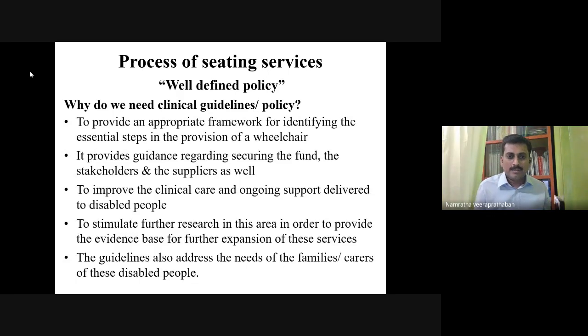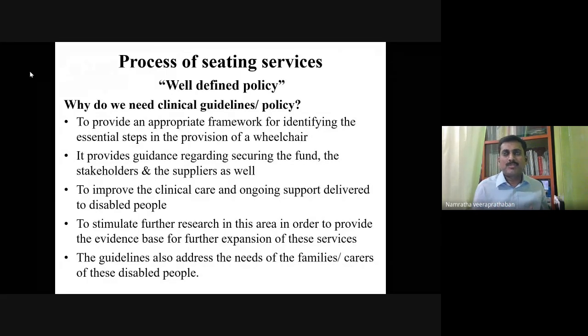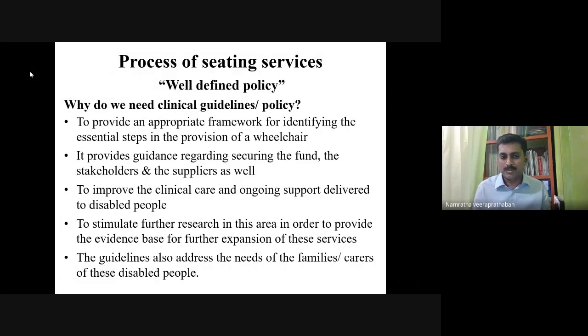Well-defined policies or guidelines provide a framework to identify the essential needs or steps to get a wheelchair. They provide guidance regarding how to secure funding, not only for the person, but also for the stakeholders and the suppliers as well.